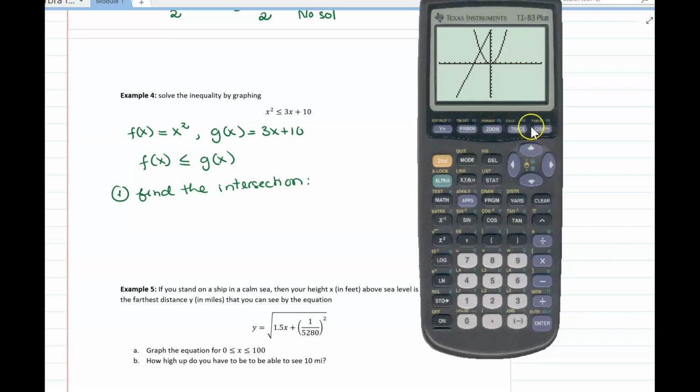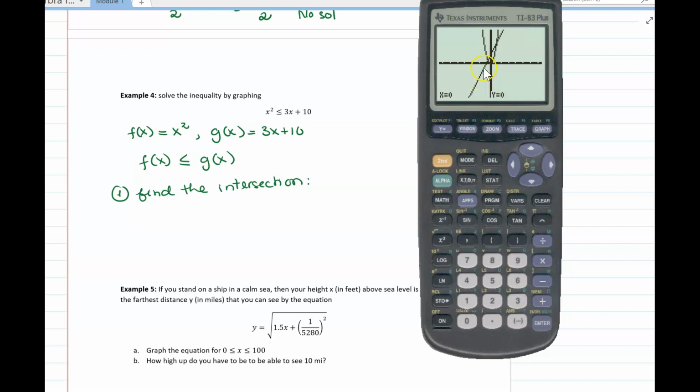And we will find the intersection. So it looks like this line will intersect the graph at 2 points. So let's zoom out a little so that we can see it a little better. So there are two intersections.